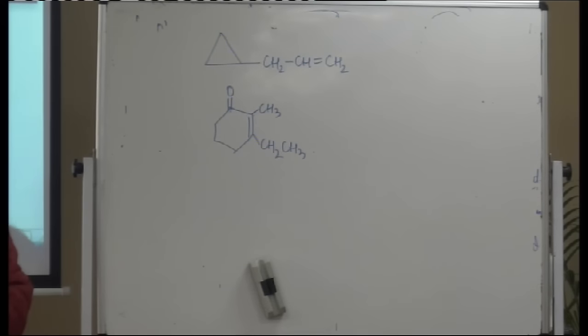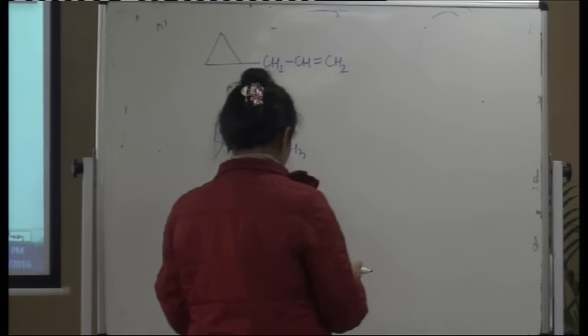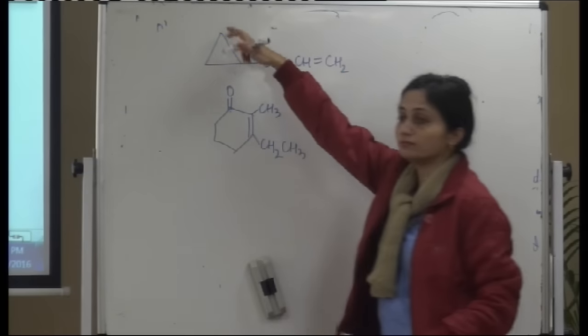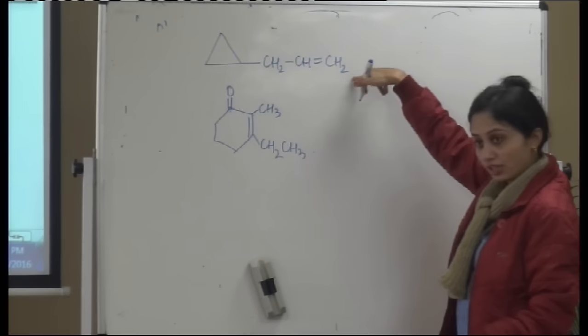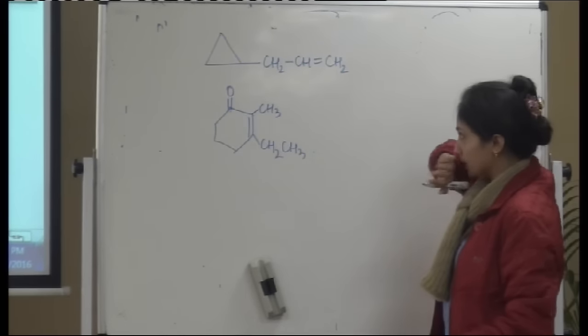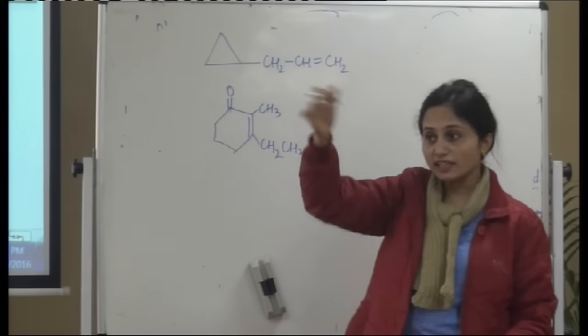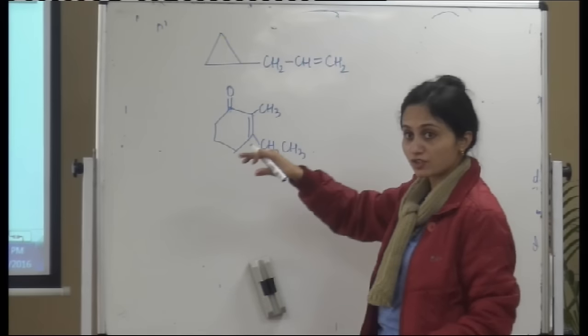For the first one, remember that you have a double bond also. So where will you start the numbering from? From the extreme right, because your double bond and triple bond anytime have a greater preference than your alkyl chain.